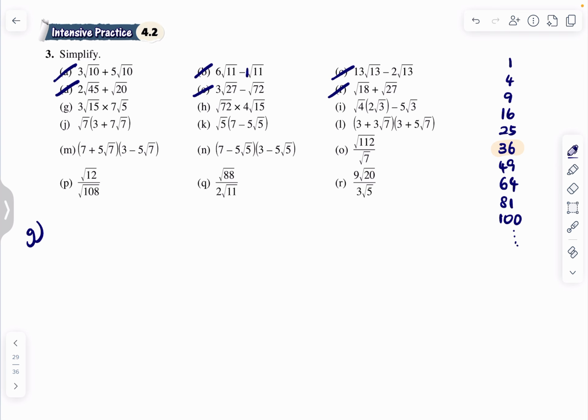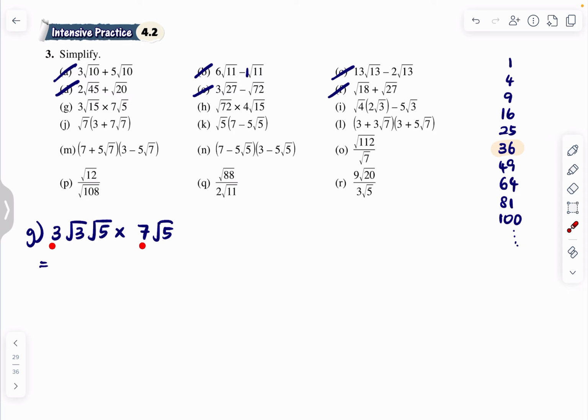So G is 3 surd 15. So 15 is surd 3 times surd 5 times 7 surd 5. Ooh. Here 3 and 5 are not perfect squares, but when we get surd 5 and surd 5, we can multiply them since this is multiplied. Okay, so what we can do is we do this times 7 first.